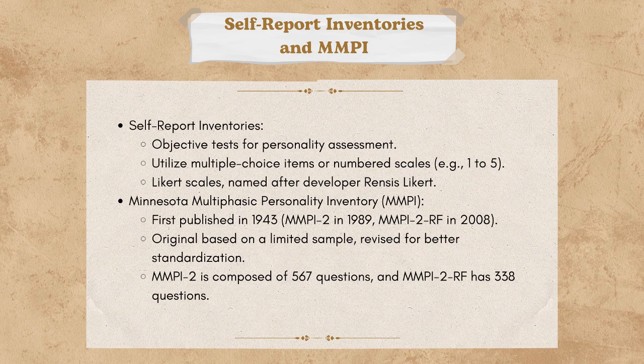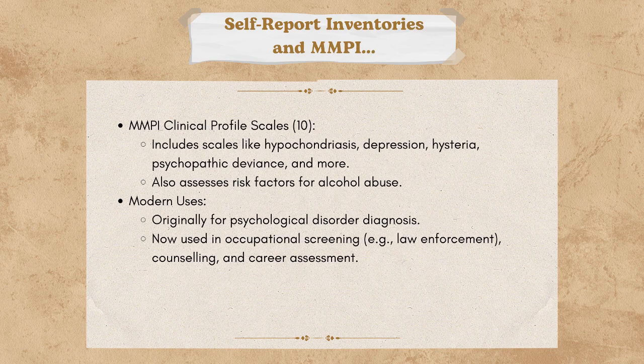The original MMPI was based on a small, limited sample composed mostly of Minnesota farmers and psychiatric patients. The revised inventory, the MMPI-2, takes 1 to 2 hours to complete and is based on a more representative national sample to allow for better standardization.